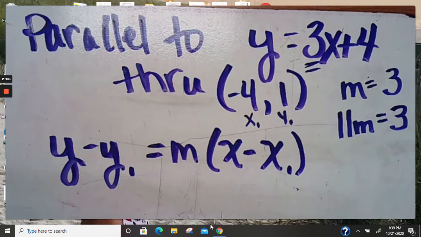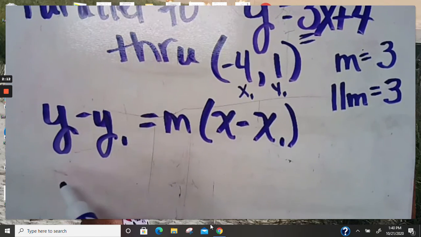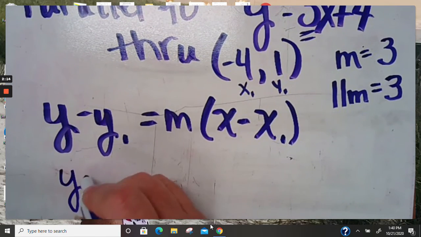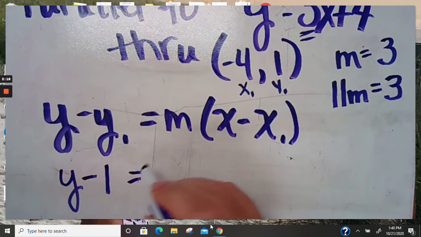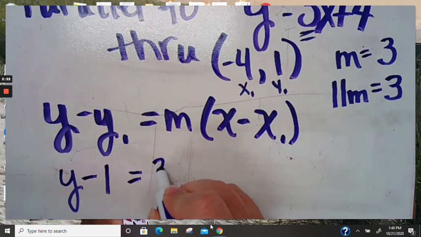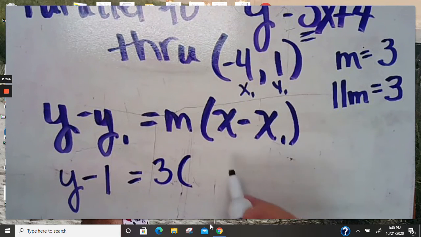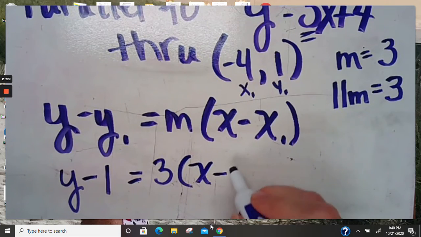But here we only have 1 point. So I plug into this formula: y minus y from the point, which is 1, equals the slope, which I know needs to be 3, times x minus x from the point, which is -4.